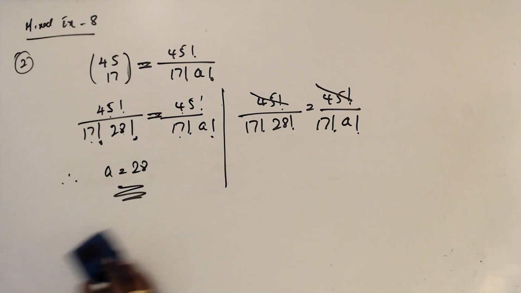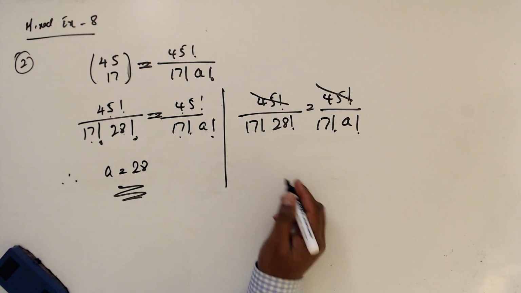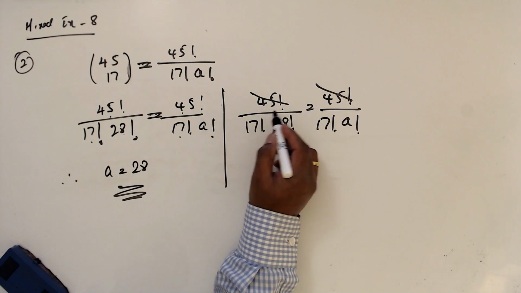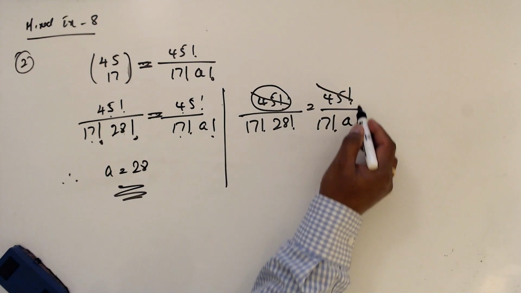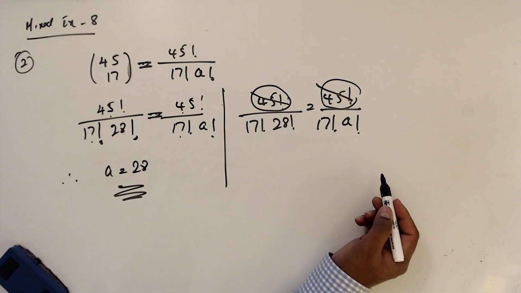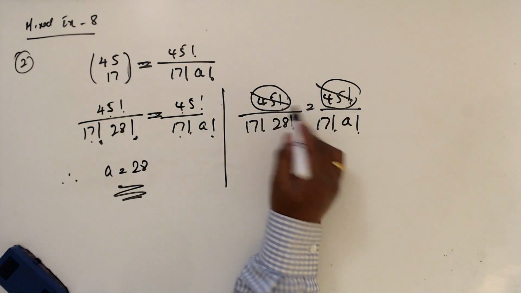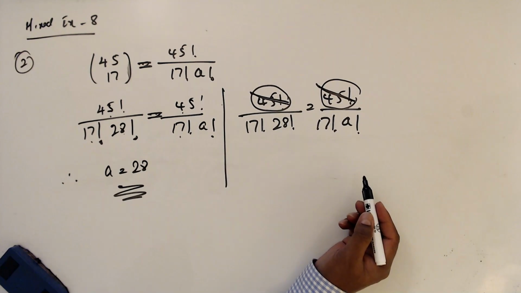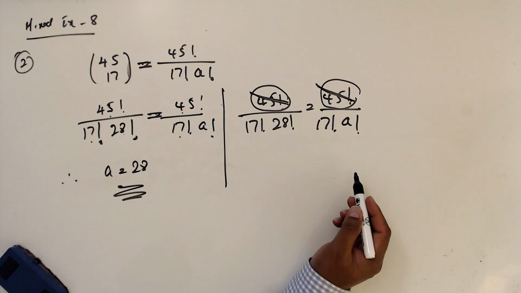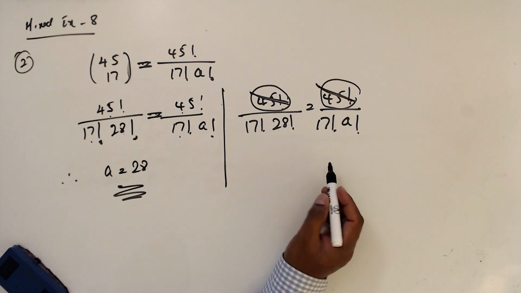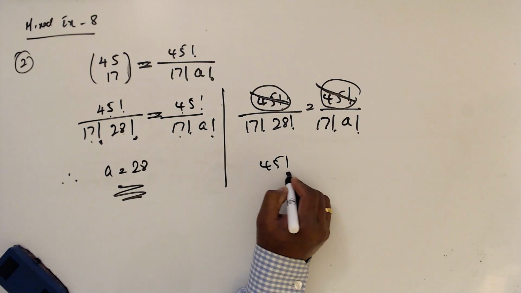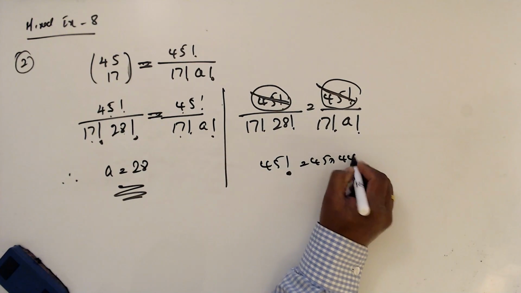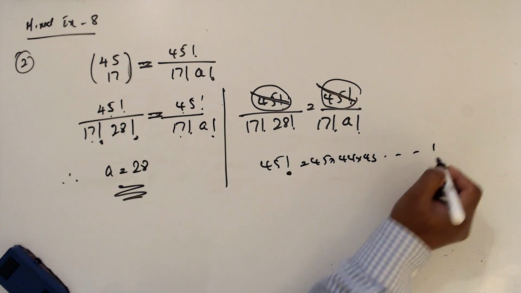But having the knowledge, the division is also the same; this is going to be a number, and this is also going to be a number, and those two numbers are going to be the same. Because of that, I cancel out, not because of factorial 45, but because 45 times 44 times 43 is a number.